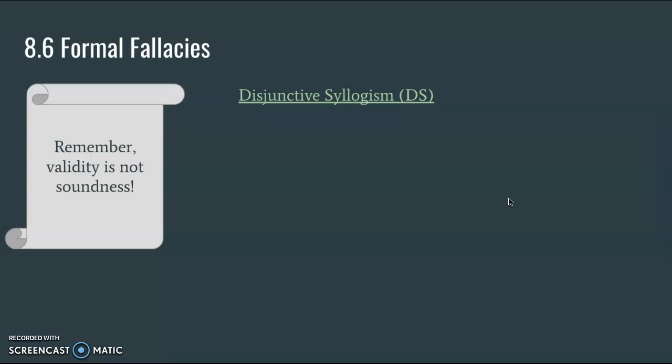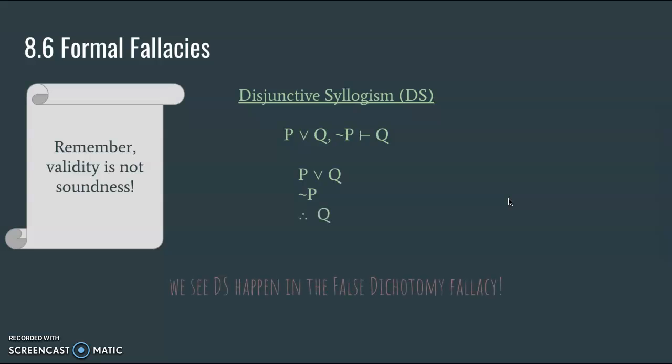So the same thing happens with disjunctive syllogism. Here's that form: P or Q, not P, therefore Q. And we see this happen in the false dichotomy fallacy. If I tell my kids, I want you to wear the red shirt or the green shirt, right? And then they say they don't want to wear the red. Does that really mean they have to wear the green? Couldn't they just go to their closet and pull out a blue shirt, right?